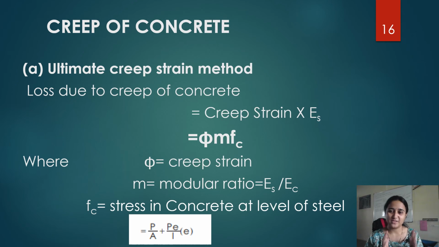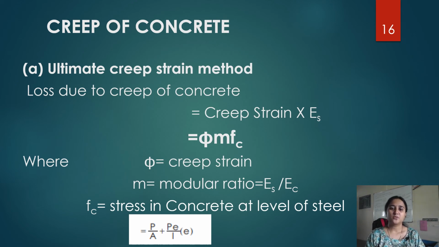Losses are a highlighting part of pre-stress structures. So for MCQ or objective purposes they can ask such types of questions. So just remember these formulas and the significance of each and every term used in them.